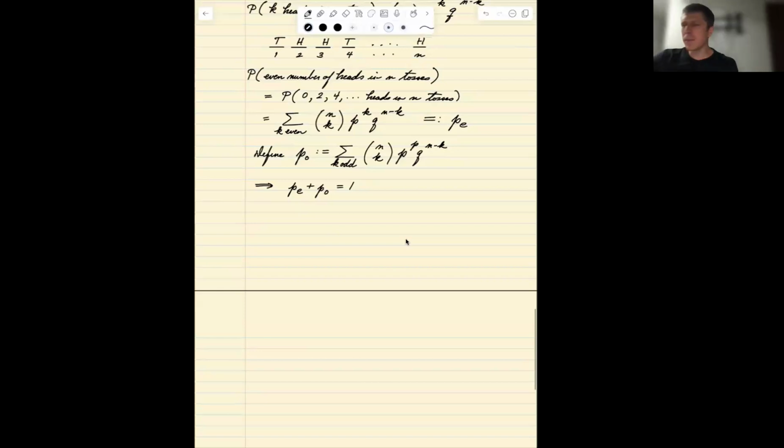What we have is an expression with two probabilities and two unknowns. This is true, but it doesn't tell us anything about what the value of p sub e is. So now let's think about it differently.